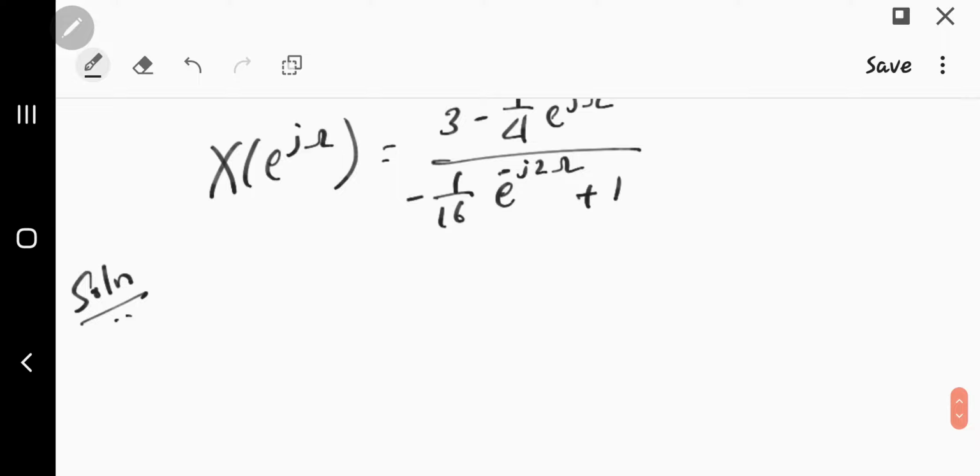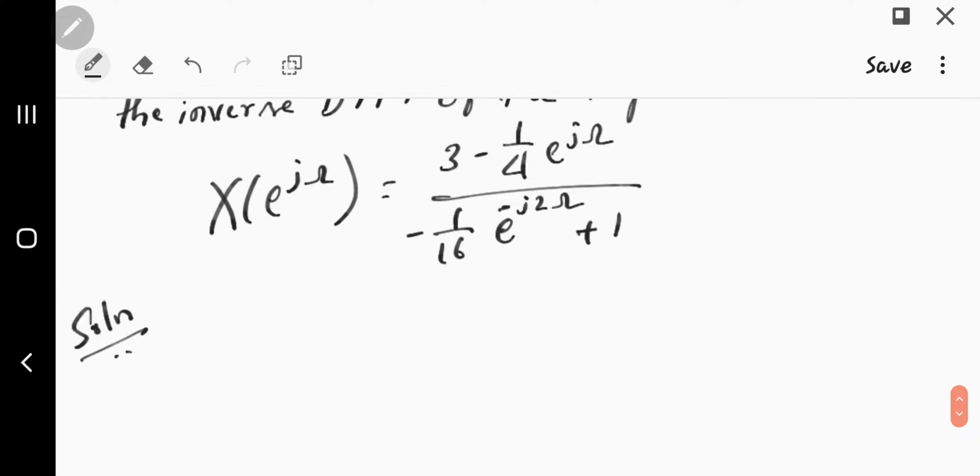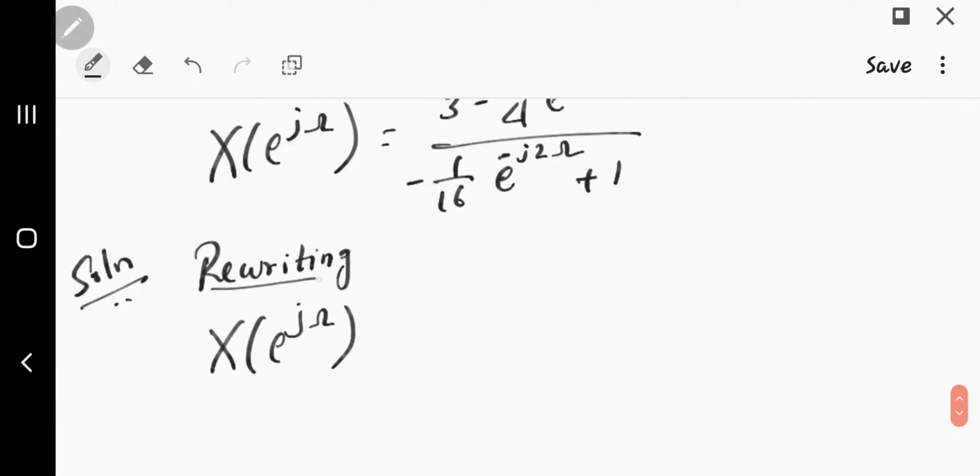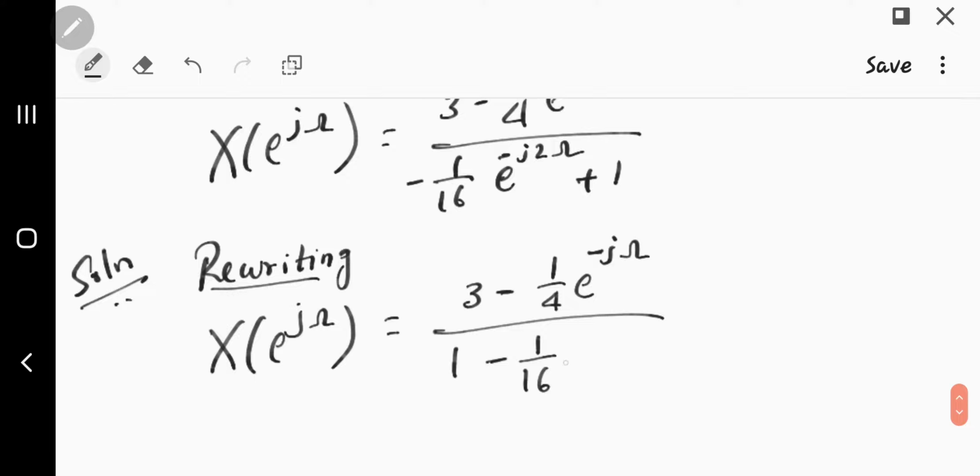While applying this, we have to make a slight adjustment here. In the denominator it is minus 1 by 16 e power minus j2 omega plus 1, so I am rewriting this as 3 minus 1 by 4 e power minus j omega divided by 1 minus 1 by 16 e power minus j 2 omega.